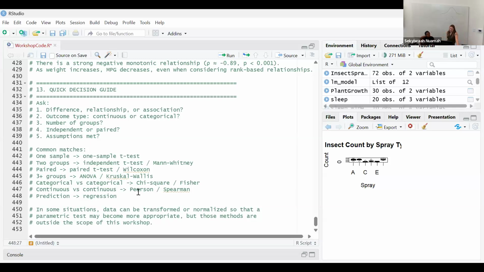Well, data can be transformed or normalized so that a parametric test may become more appropriate. Doing that is outside of the scope of this workshop. I think that's like half a semester of a class, but it is doable. So you don't have to be stuck with non-normal data. If that's something you would be interested in, I would recommend looking into transformations or normalization.